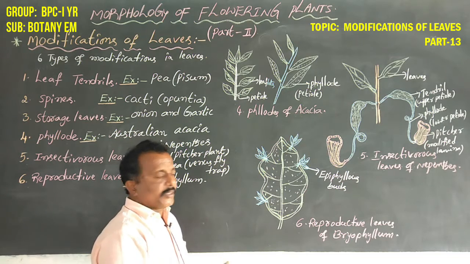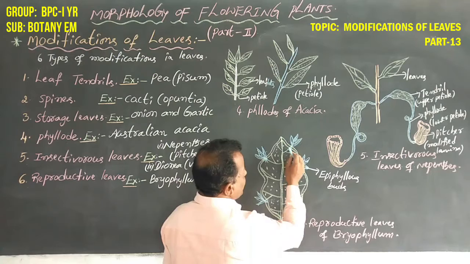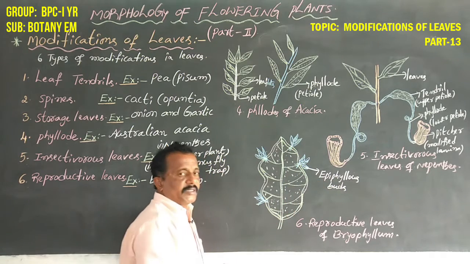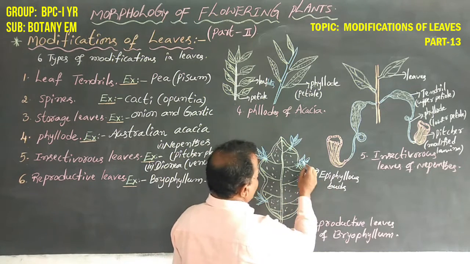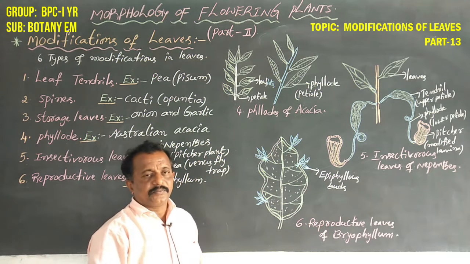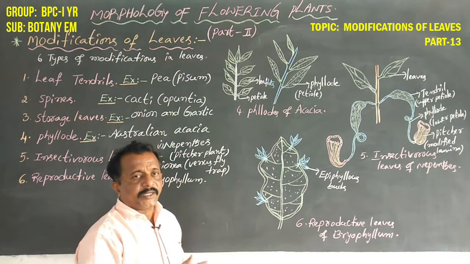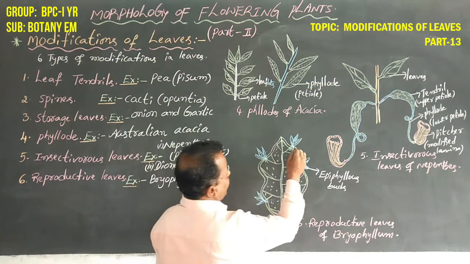Buds developed on the upper surface of the leaves are called epiphyllous buds. These epiphyllous buds always help in vegetative propagation. That means the upper surface of the leaves contains several notches.